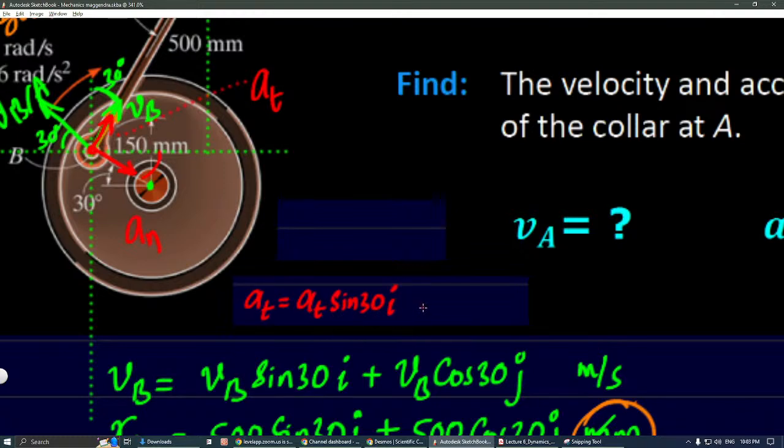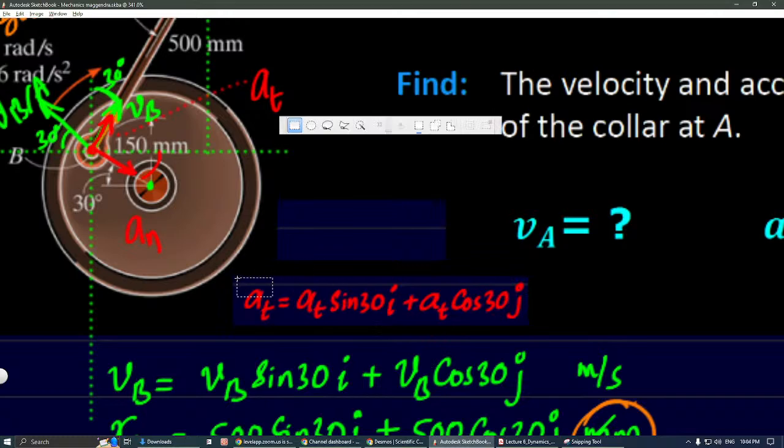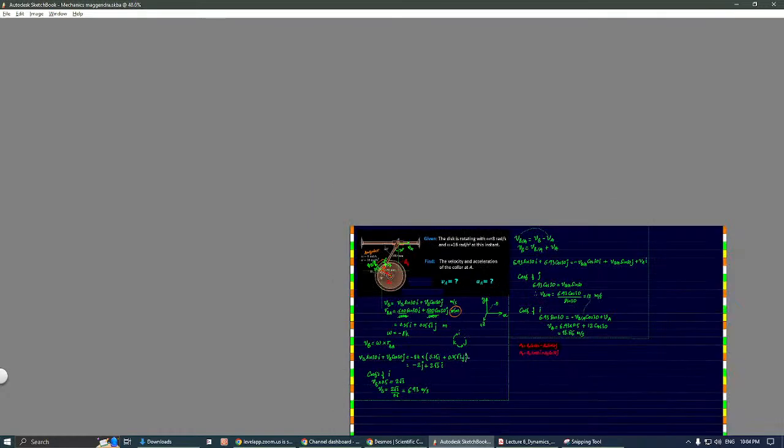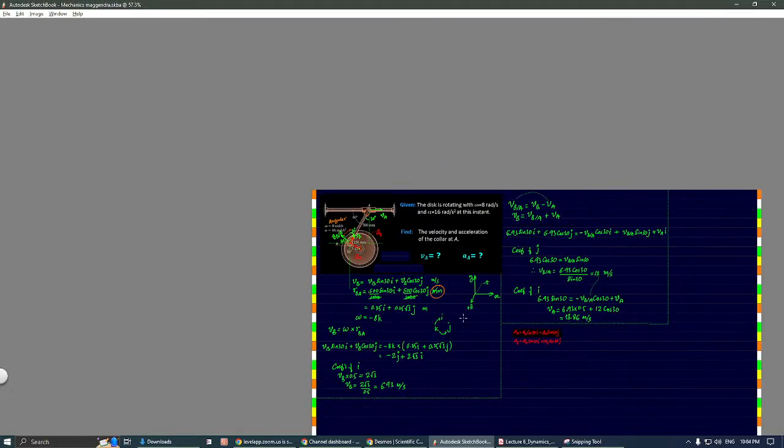And vertical is cos 30, that is also upwards, so again positive. These two values we have to move to the other place. That will be better.